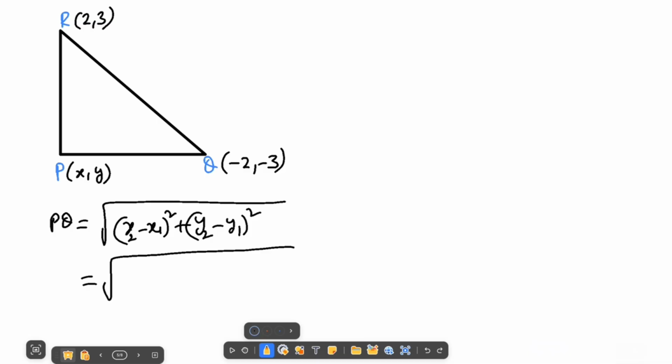Here x2 is minus 2 and x1 is x. So minus 2 minus x, minus 2 minus x whole square, plus y2 minus y1. Here y2 is minus 3 and y1 is y. So minus 3 minus y.